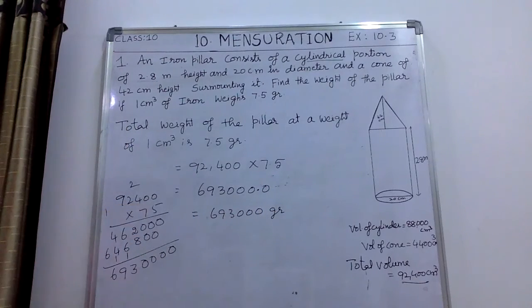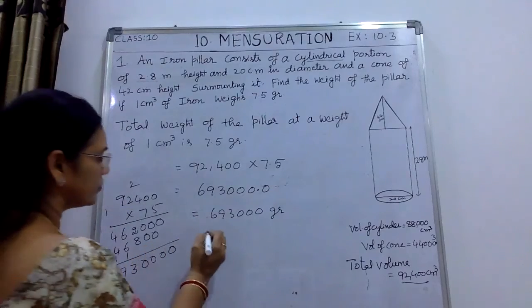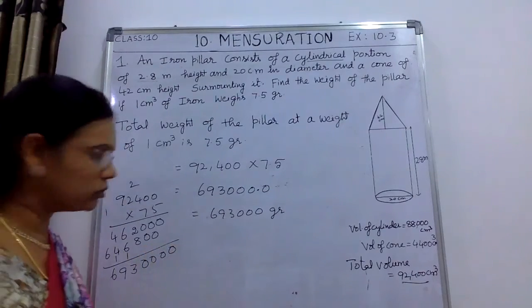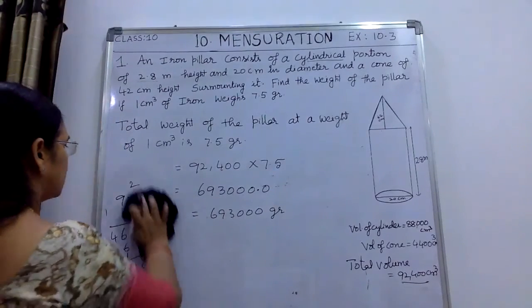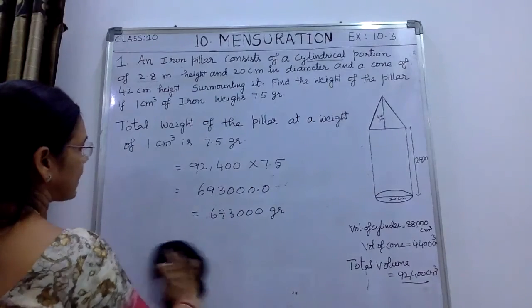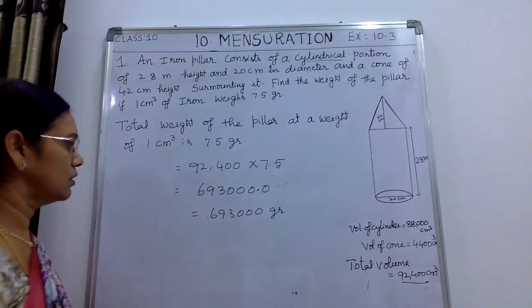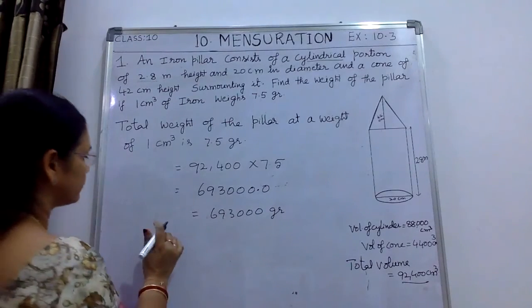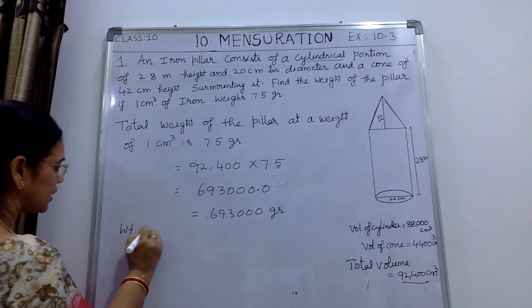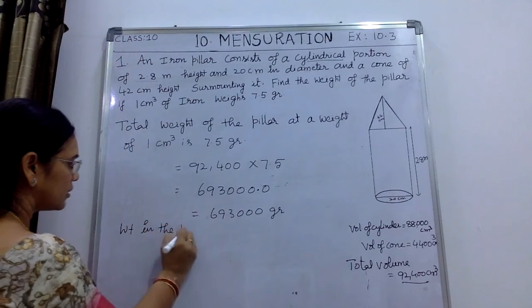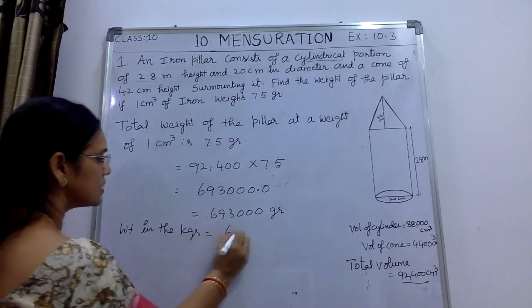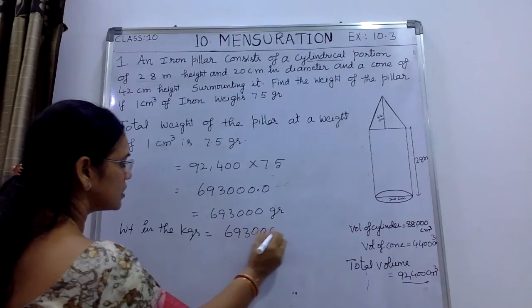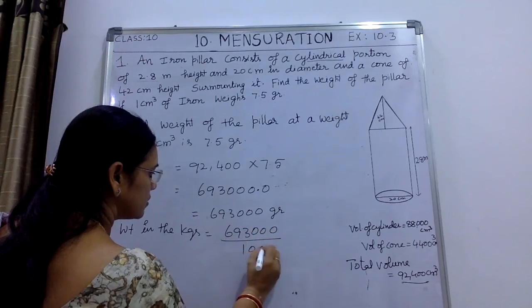Now let us convert it into kilograms. We know 1000 grams is 1 kg. Weight in kgs is equal to 693,000 by 1000.